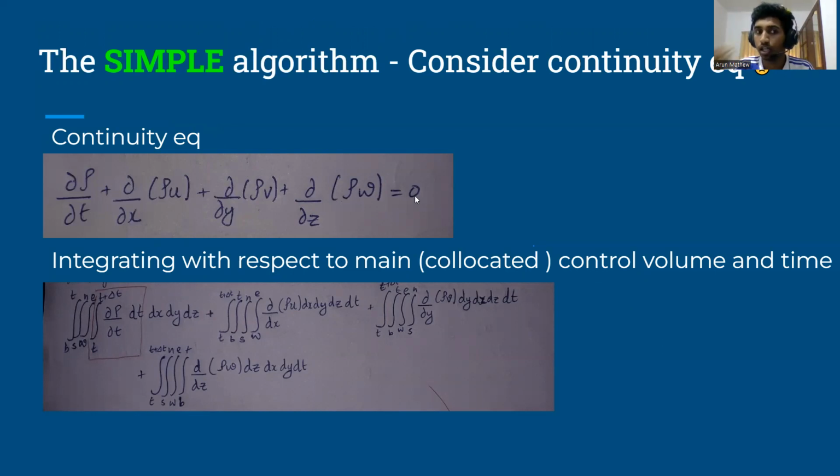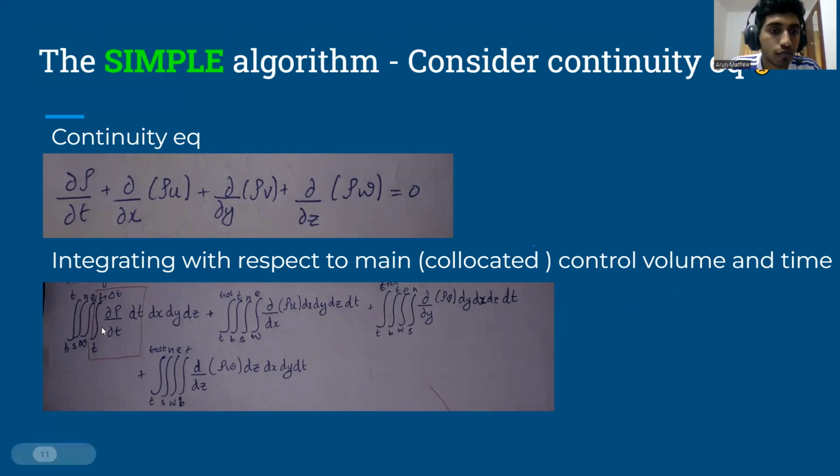Now we will be integrating the expression with respect to the main or collocated control volume. This is because we are integrating it to get the pressure value. If we want to get the value of anything other than velocity, we will be integrating with the main control volume. And if we want to get velocity, we will be integrating with the staggered control volume.